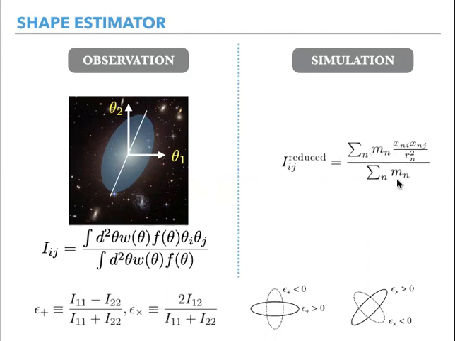One of the most commonly used is the so-called reduced inertia tensor, where the particle distance relative to the center is weighted by 1 over r squared, where r is the distance to the center.